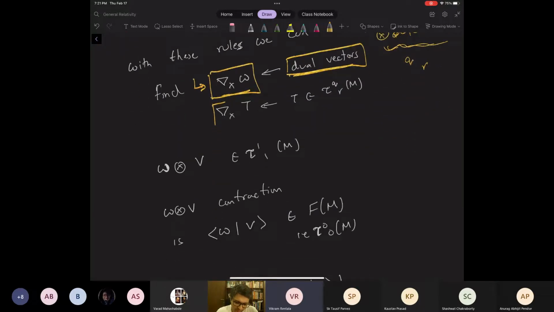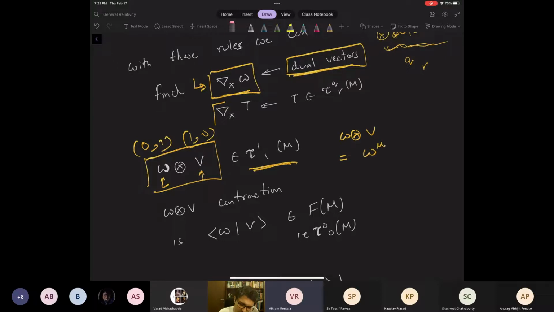Now we know that if you take a dual vector and a vector, then the tensor product of these two will be a tensor of type 1,1, because this is of type 0,1 and this is of type 1,0. In components, if I have omega tensor V, in some basis I can express this as omega lower mu, V upper nu, partial x nu tensor dx mu.